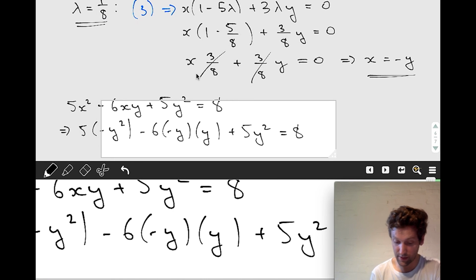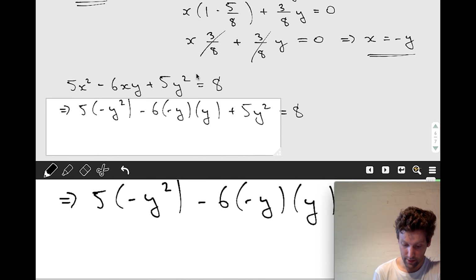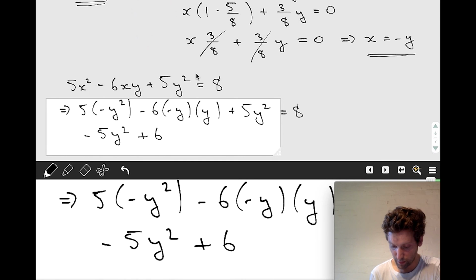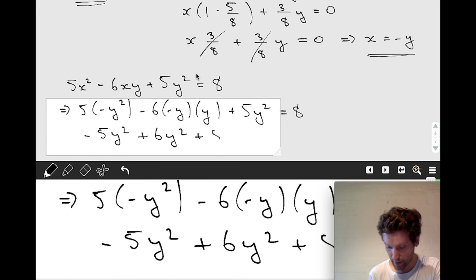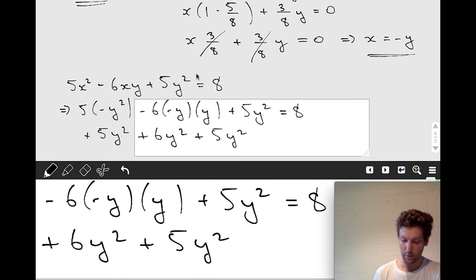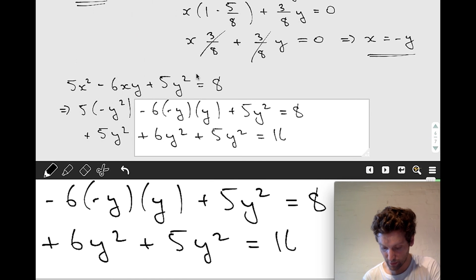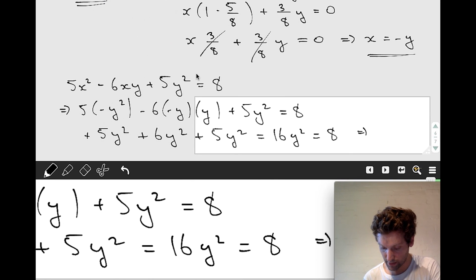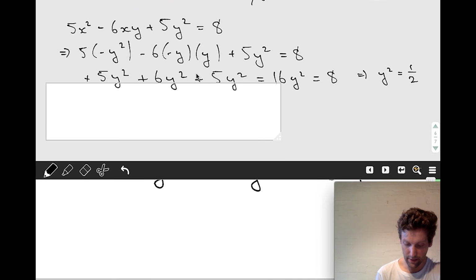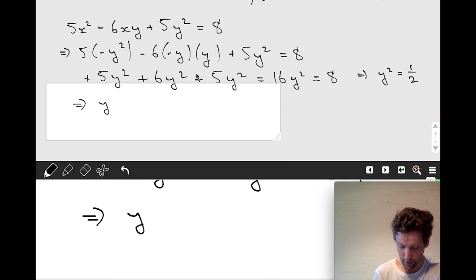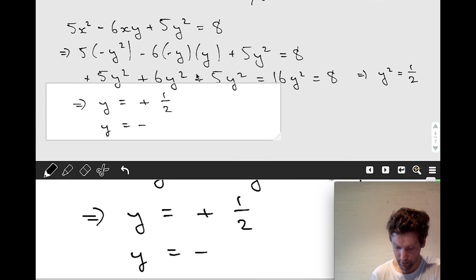And you notice that this is a single expression for y. So we end up with 5y squared plus 6y squared plus 5y squared, which is 16y squared, is equal to 8, which implies that y squared is equal to 1/2. And that gives me that y is equal to plus 1/2, or y is equal to minus 1/2.